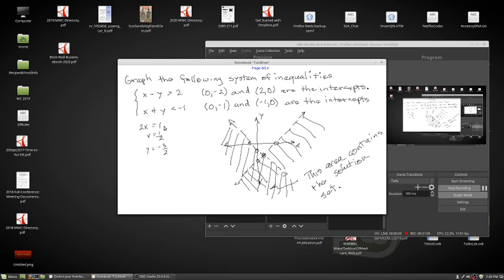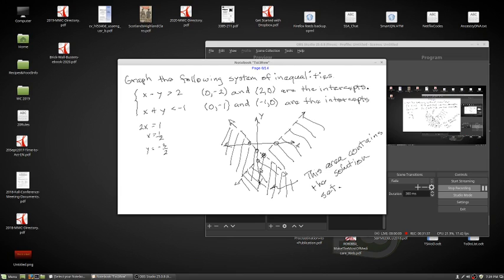And it turns out that this is the point where they're going to intersect, but points on those lines are not part of either one, so that's why I've got a hollow dot here again. x is going to be 1/2, and y is -3/2.